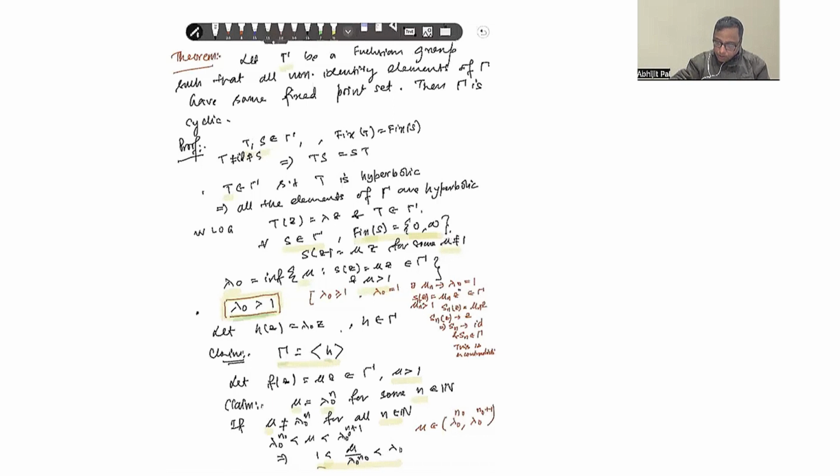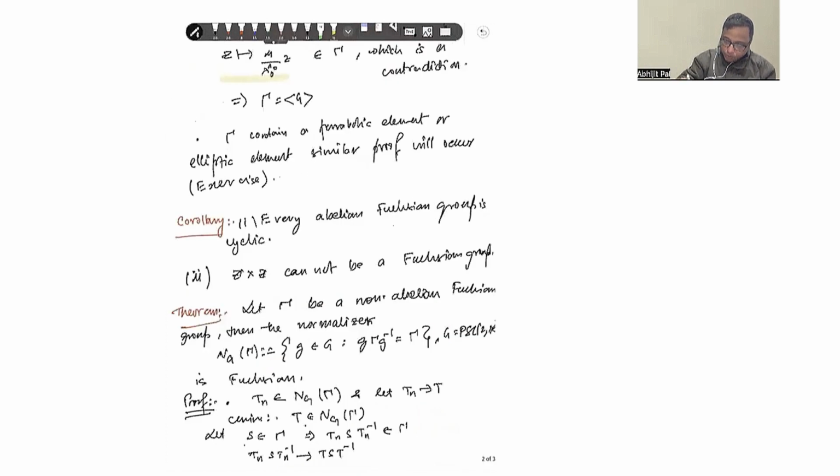And also note that this map hz equals lambda naught z also belongs to gamma. So why is this true? Okay, so h belongs to gamma. This needs a proof, so let me write it here.